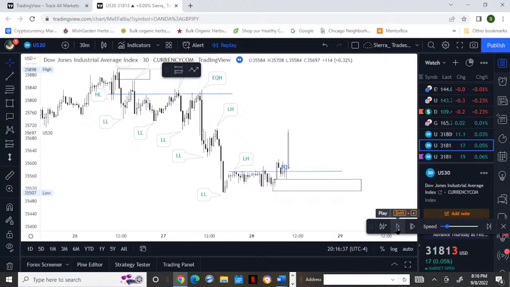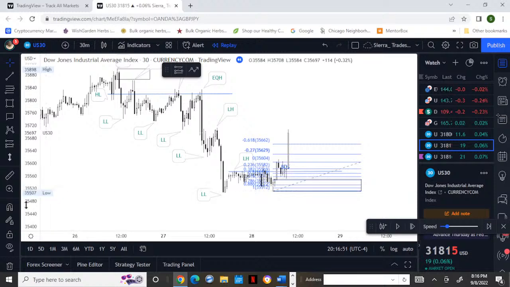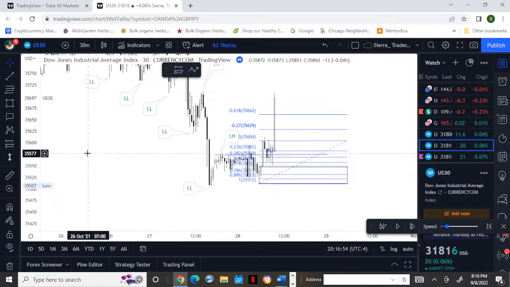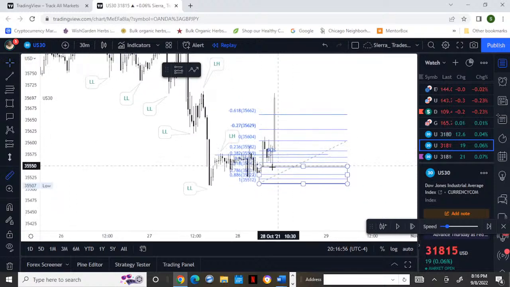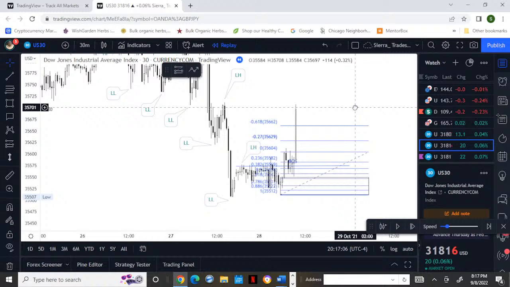I couldn't even say it, but that was nice. So then technically my fib would go here at the bottom of that candle to the top of this candle, and that gave us our minor structure move. Price definitely came back and tested that. Came up, gave you 100 points in an hour plus some.